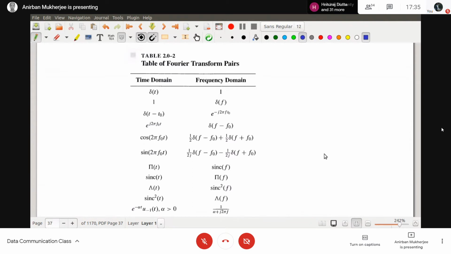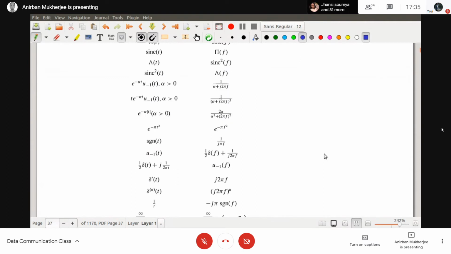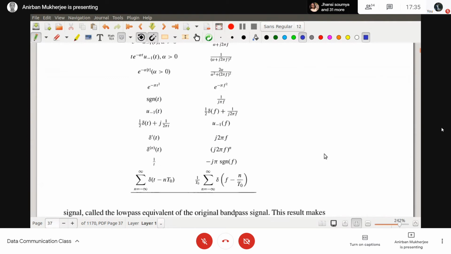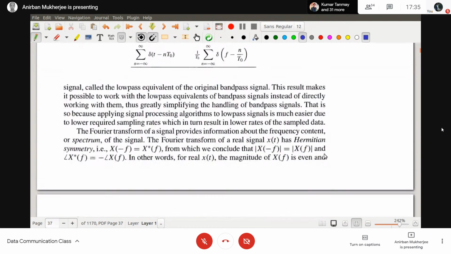These Fourier pairs you have already studied, most probably many times. Here, the Fourier transform of a real signal x(t) has Hermitian symmetry, which most probably you have studied.